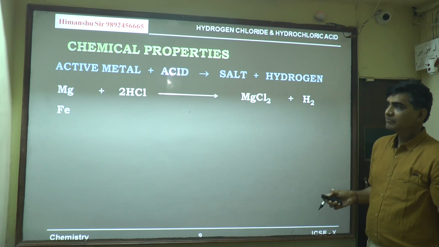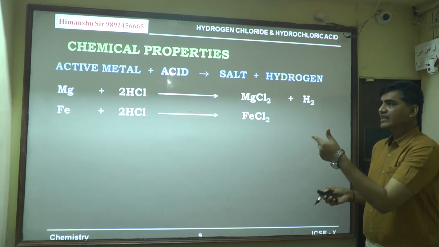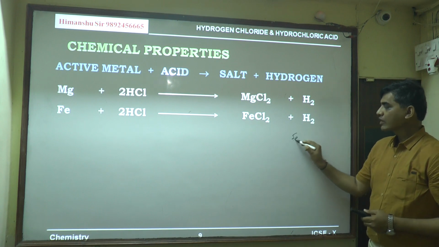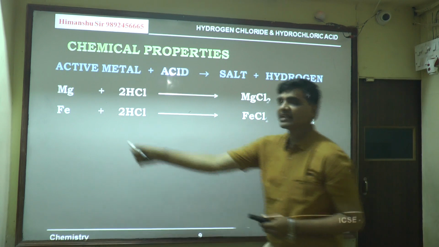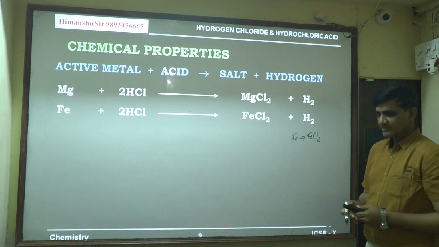You can see the same reaction with Fe: Fe gives FeCl2 plus H2. Sometimes the examiner asks you to convert Fe to FeCl2. You have to keep in mind that you have to use dilute hydrochloric acid, giving FeCl2 plus H2.